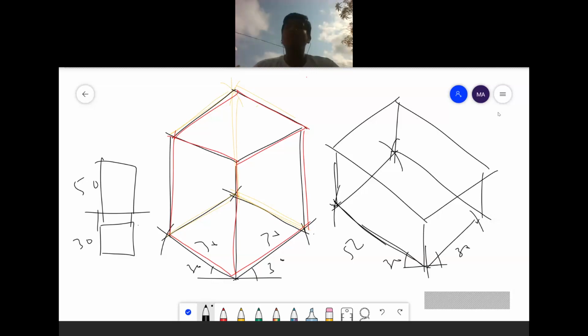So ma, if you have any doubt you can ask. Ma, use your drawing instruments to draw these diagrams, otherwise it is very difficult for you.